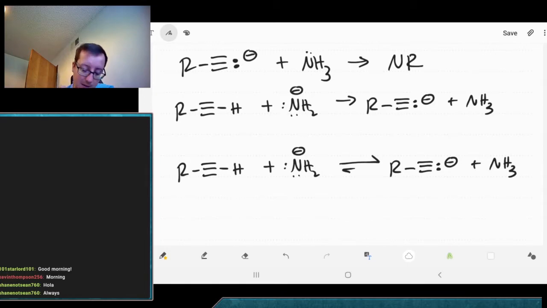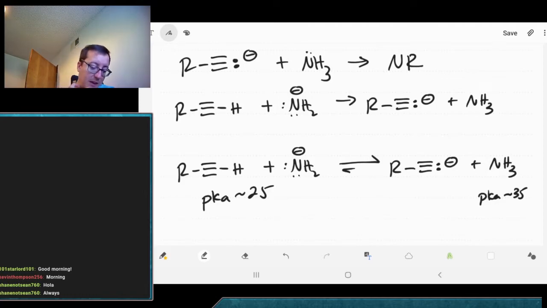But we see here that our acid in this case has a pKa of 25, and our acid in this case has a pKa of about 35. It's probably closer to 38, I think, is a little bit more common. And so the reaction is going to absolutely go in the right direction, heading towards the products.